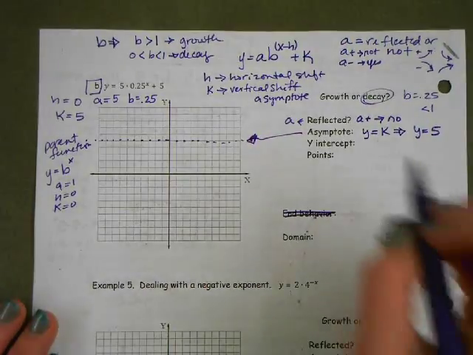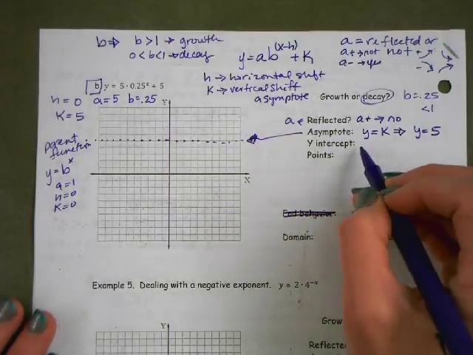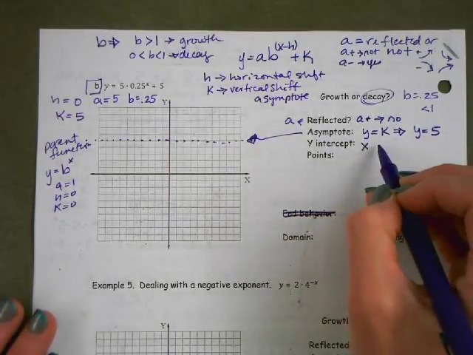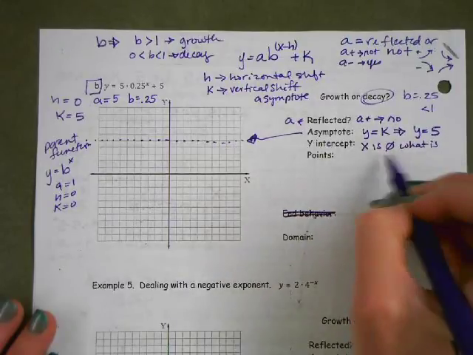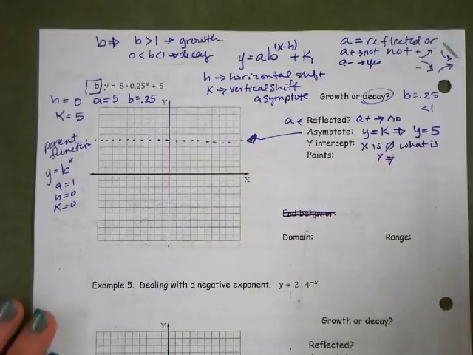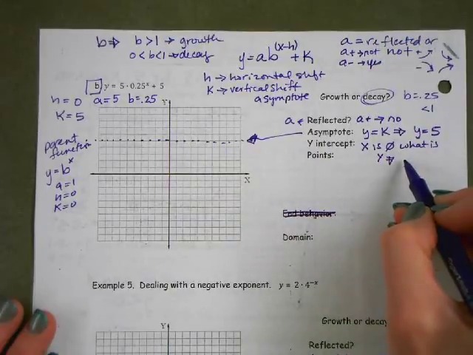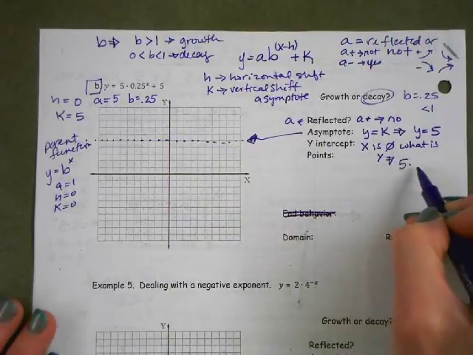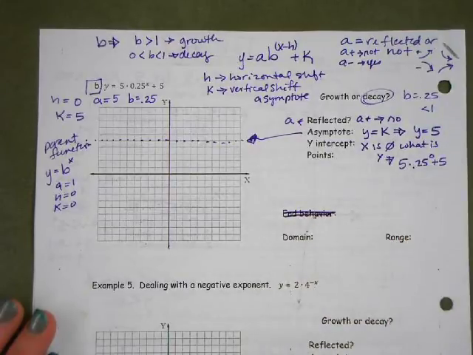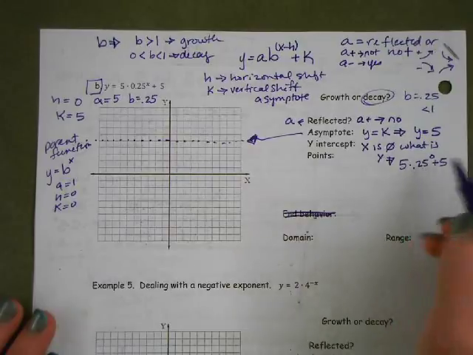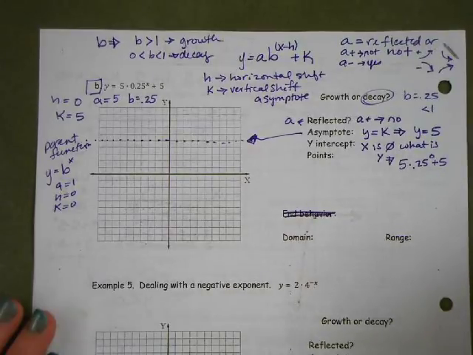Then my y-intercept is going to be when x is 0. When x is 0, what is y? We would do 5 times 0.25 to the 0 plus 5. What's 0.25 to the 0 power?